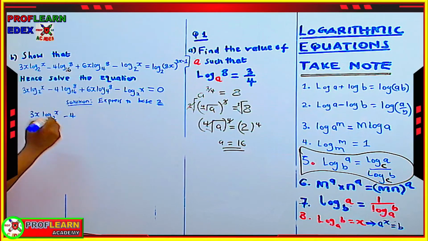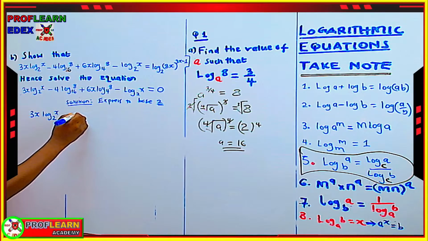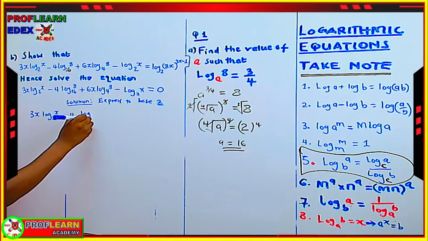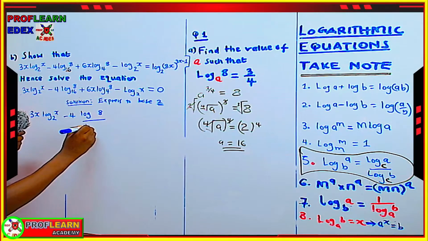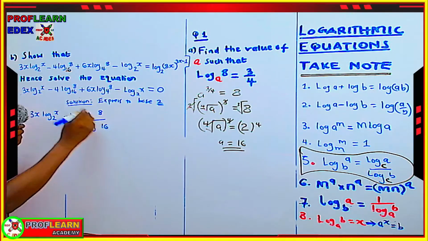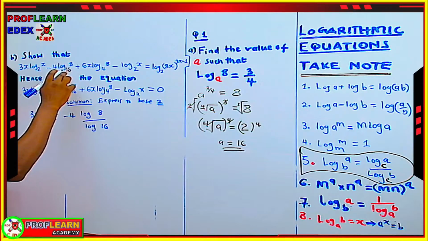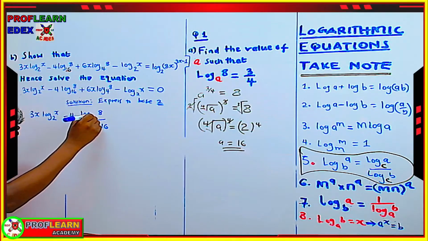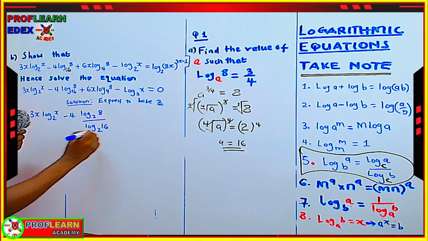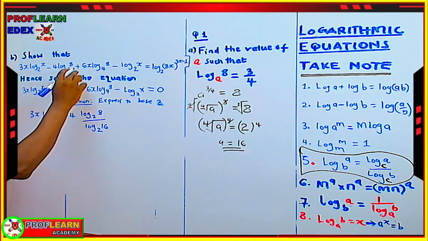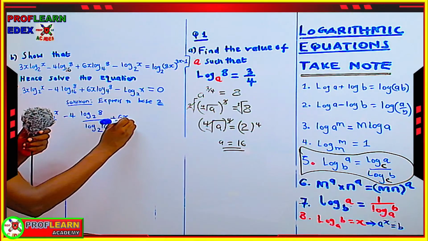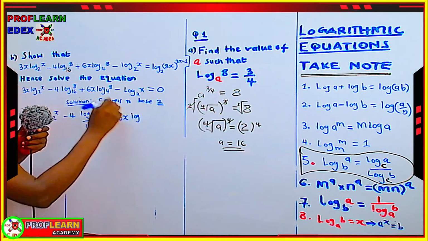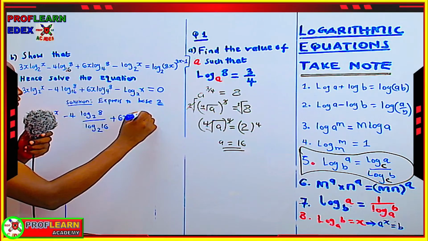So meaning that we can say this is 4 log 2 base 2. Which will mean also we can apply rule number 4, log m base m is 1. If you have a log of a number and the base is the same number, you are going to have 1 there. So meaning that this is going to be 4 at the end of the day. This meaning that this number we have here, we can replace that with 4.